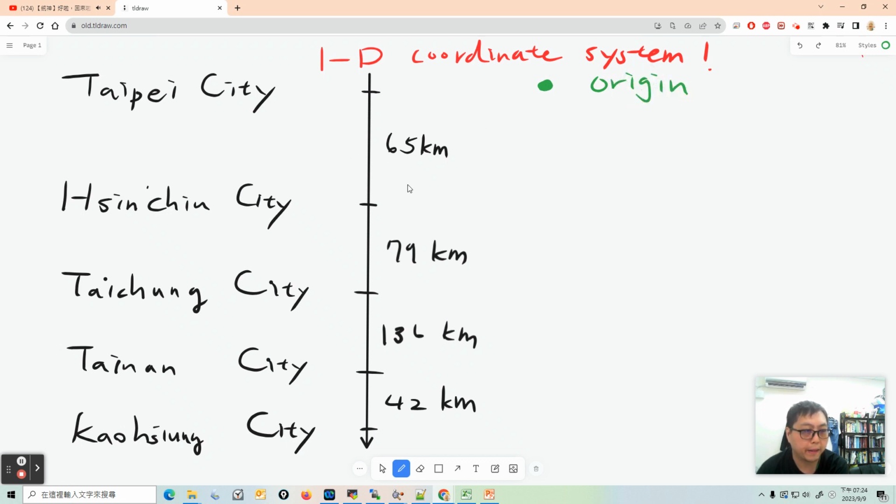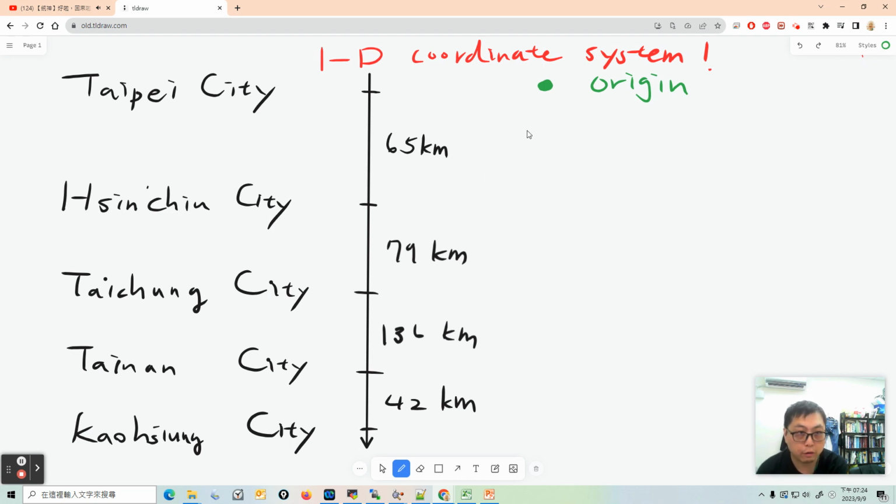And the origin, and then the next thing we have to define is the direction. What does defining the direction mean? In this 1D coordinate, we have to define which way is positive and which way is negative.